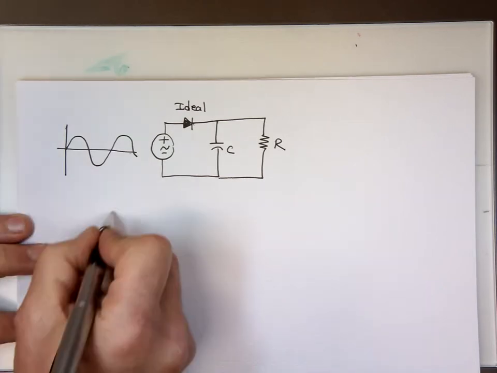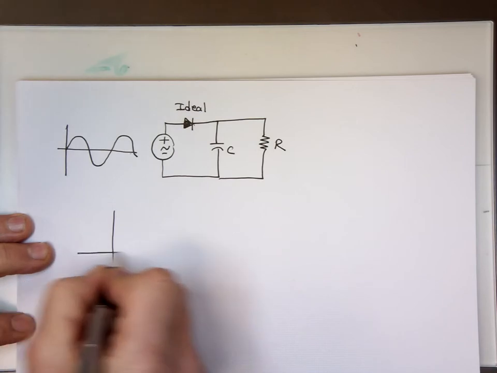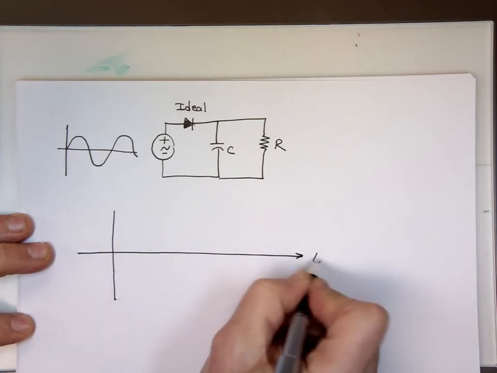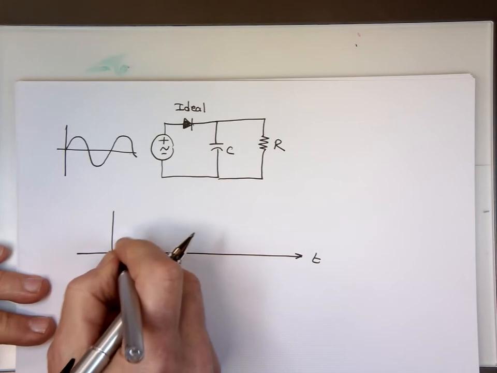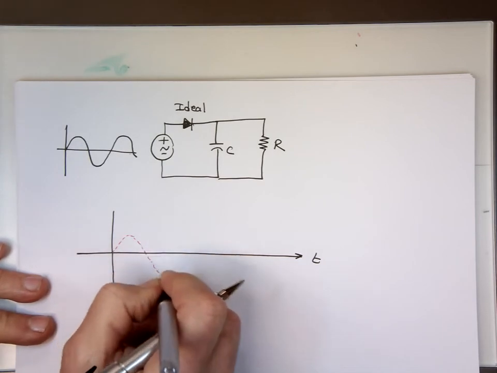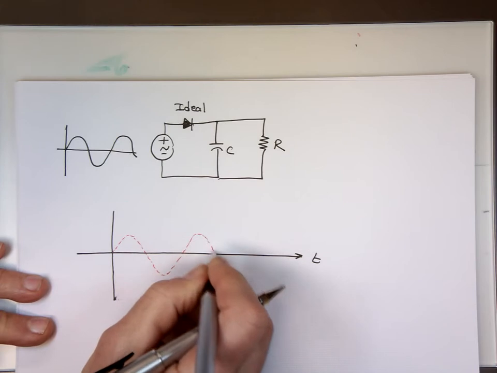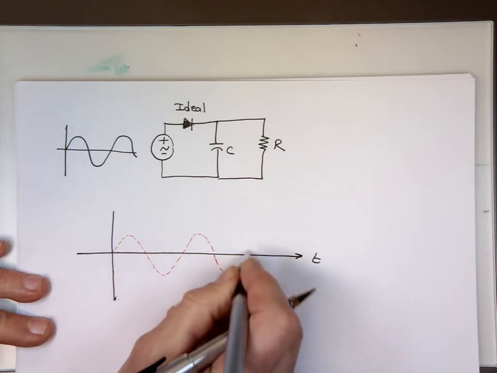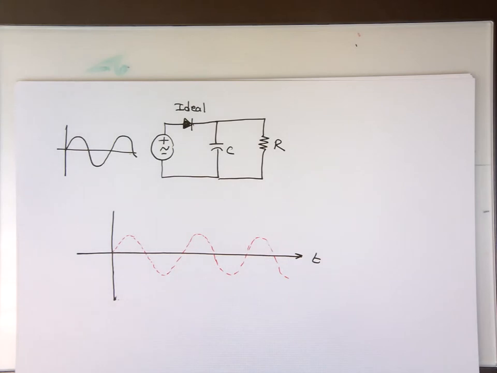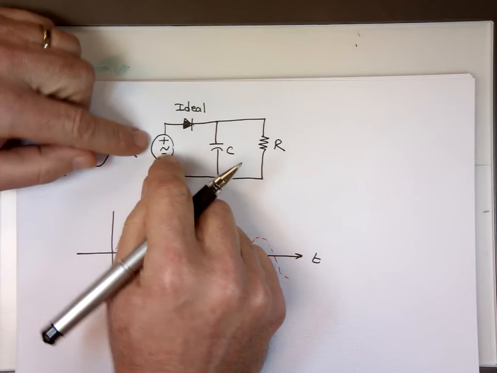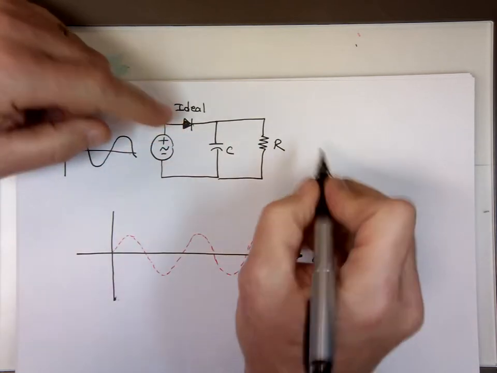So let's zoom in on that and see what's going to happen. This is time. And this is that source. Let me put it as a dotted line here. Like this. It repeats itself. So again, once this voltage is a hair over zero, this will be a short circuit.